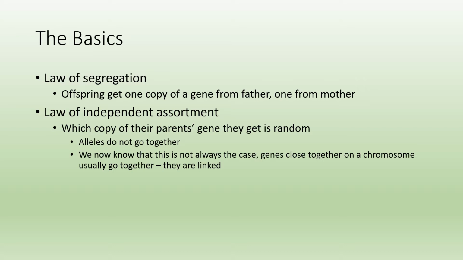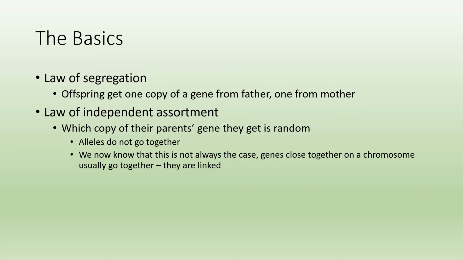And by crossbreeding and keeping insanely meticulous records, he was able to figure out these two important laws: the law of segregation and the law of independent assortment.